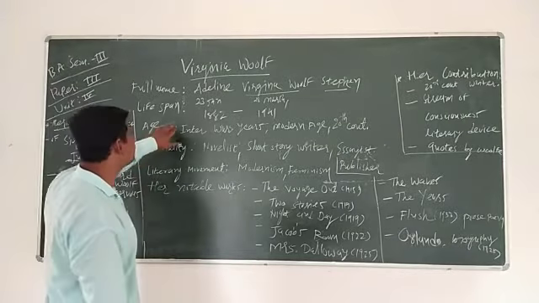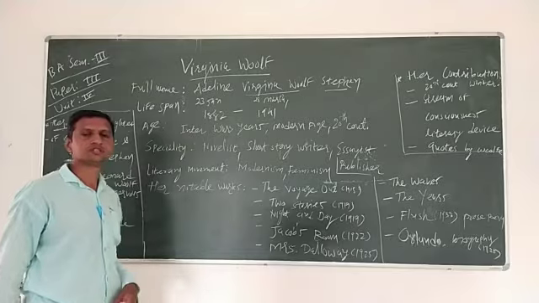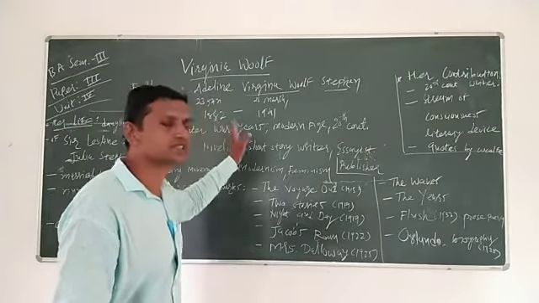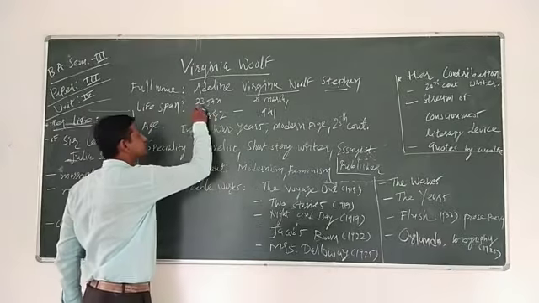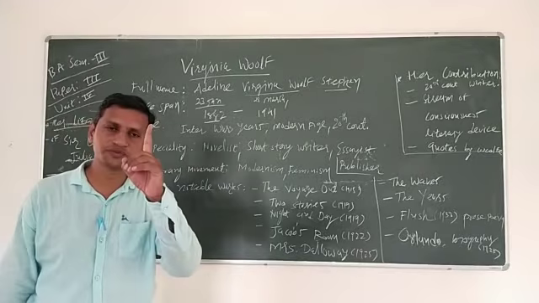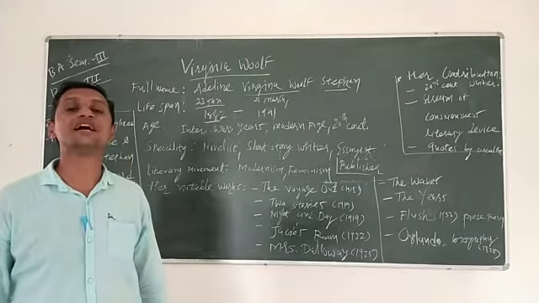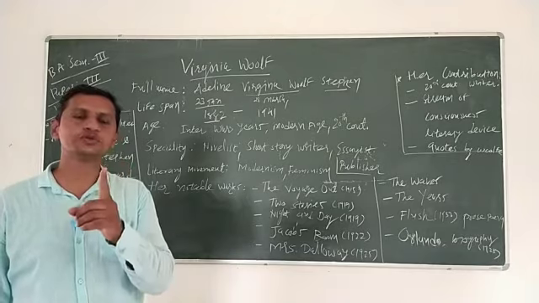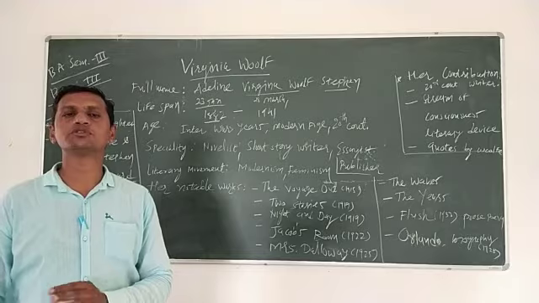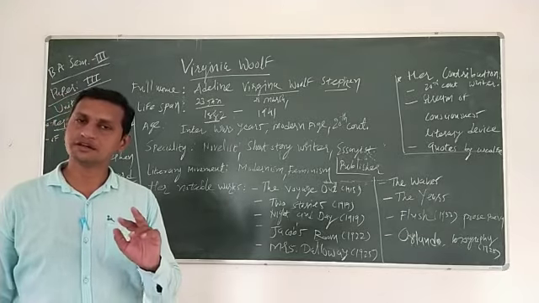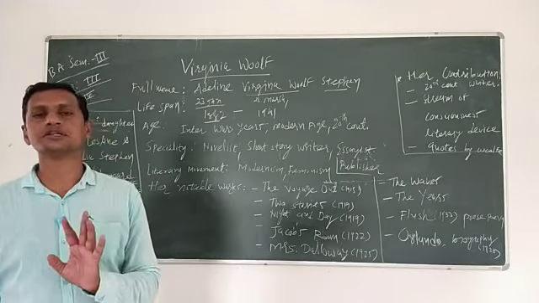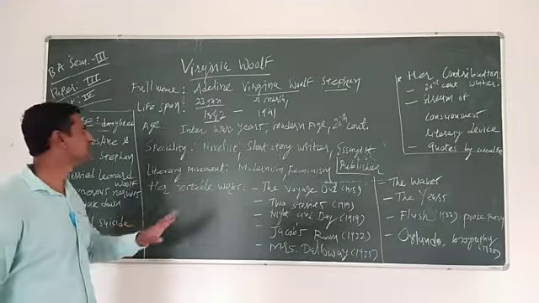The lifespan of Virginia Woolf: she was born in the UK on 23rd January 1882 and died on 28 March 1941. Remember, dear friends, it is the same lifespan as James Joyce, 1882 to 1941. The dates of birth and death are different, but the years are the same.